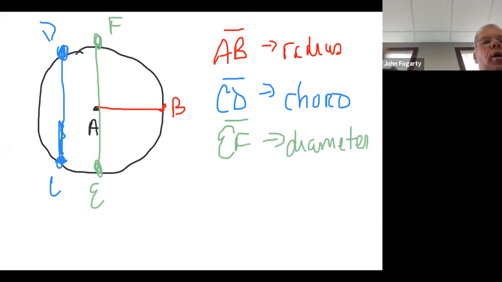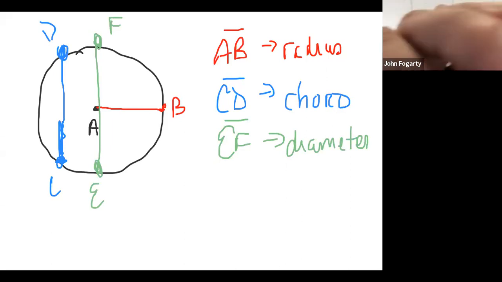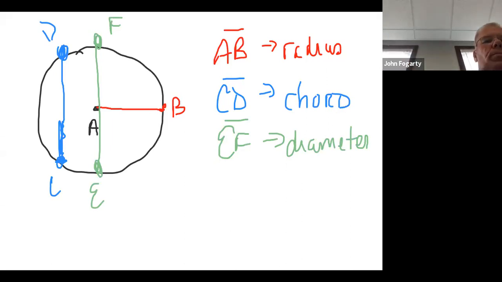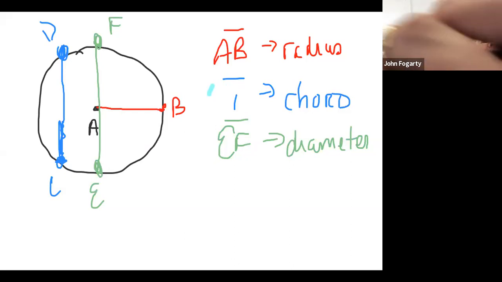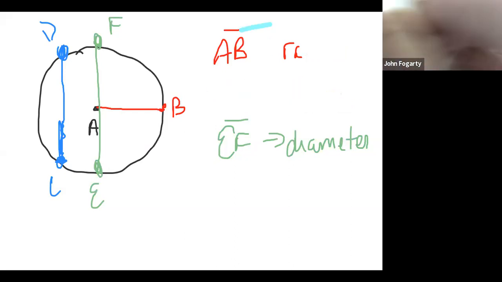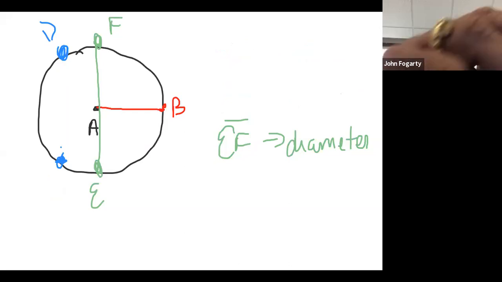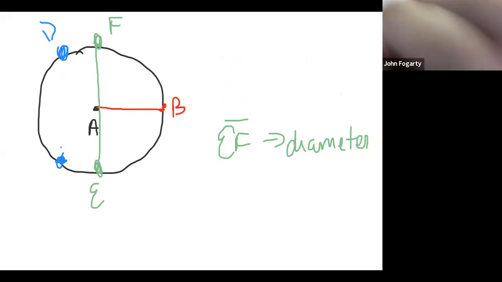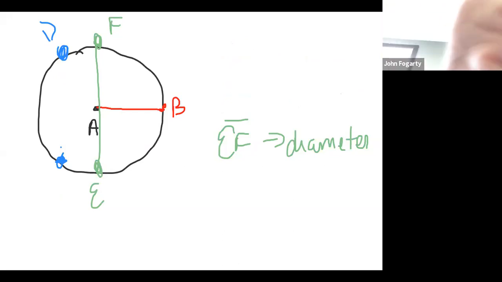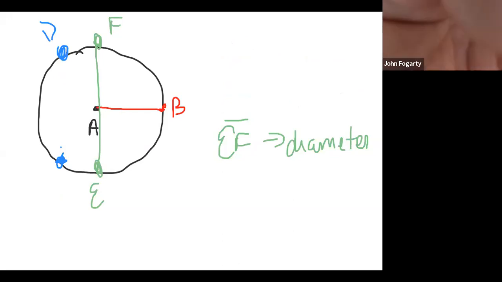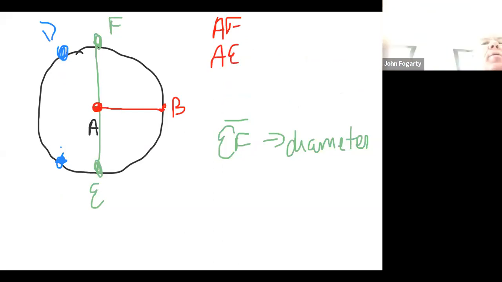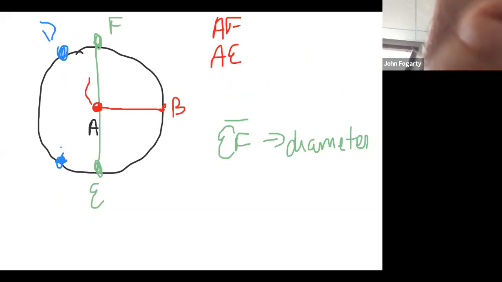Now, let me get rid of a few things here. What do I notice about EF? Well, EF is made up of two segments, AF and AE. Based on the definition, what do you call this?